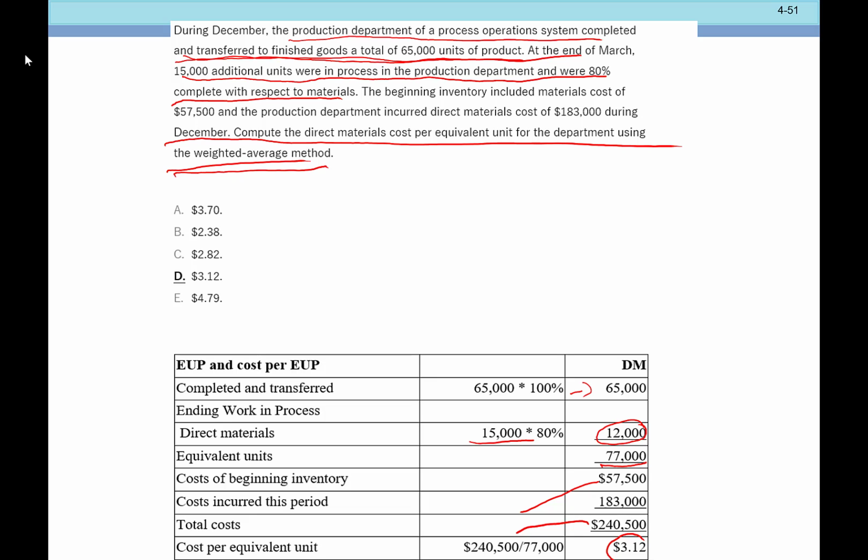Then they say 15,000 units were in process and production department were 80% complete. 15,000 times the 80%. I pick up, again, the cost in beginning inventory and the cost added for the period to get my cost per equivalent unit. So it really depends to a large extent on how they've described what's gone on with these.